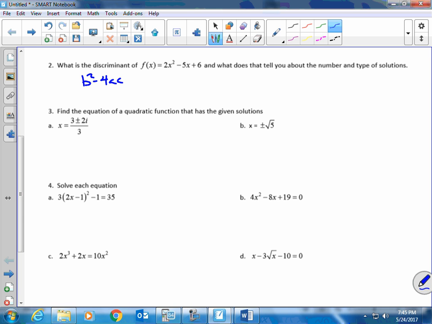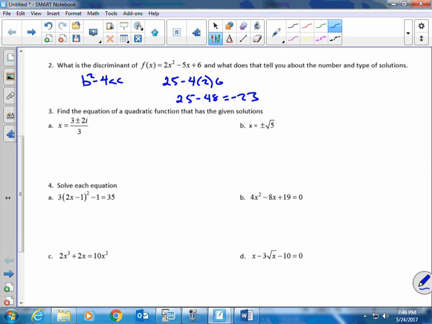It's the part underneath the square root in my quadratic formula. So b squared, a negative 5 times a negative 5 is 25. Minus 4 times a is 2, times c, which is 6. And so I get 25 minus 4 times 2 is 8, and 8 times 6 is 48, and so I get a negative 23.